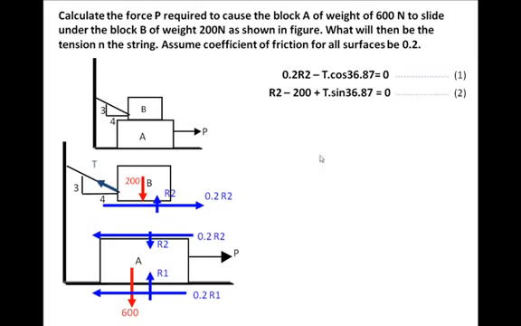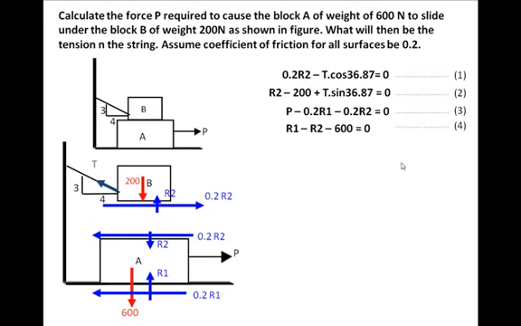These two are for the top body. Similar equations we write for the bottom body. X direction: P minus 0.2 R2 minus 0.2 R2 is equal to 0. That is the third. And sigma Fy = 0 is R1 minus R2 minus 600 is 0.